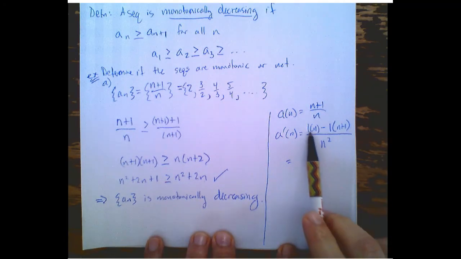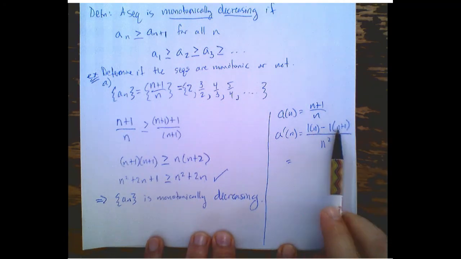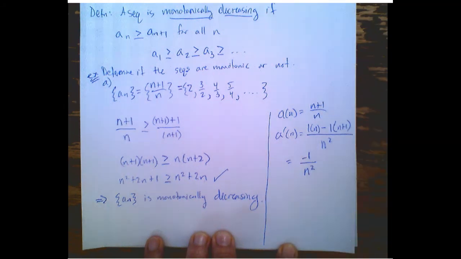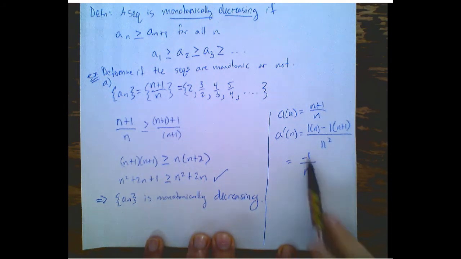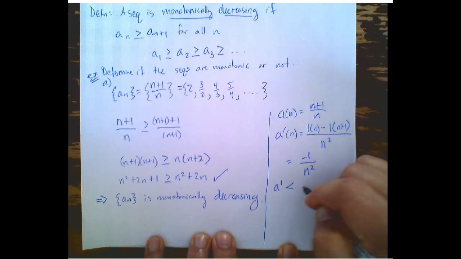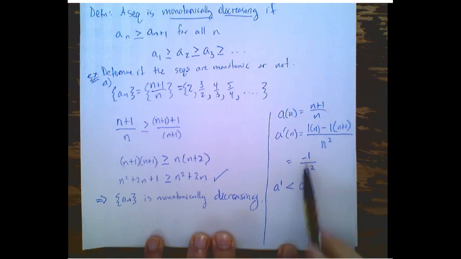So let's see what we get. This will be n minus 1. So that's negative 1 over n squared. You can see here that a prime is always less than 0, right? This negative 1 on top is always negative, and then the bottom is always positive.